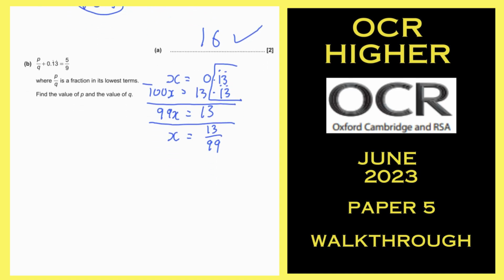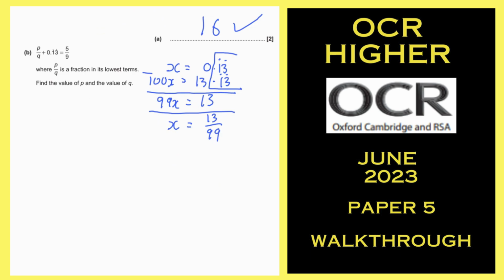Couple of marks earned. But now let's worry about how this question's phrased, because it's written in a very weird way. Let's write it in a better way. P over Q equals 5/9 minus, because I'm basically subtracting the 0.13 recurring from both sides.